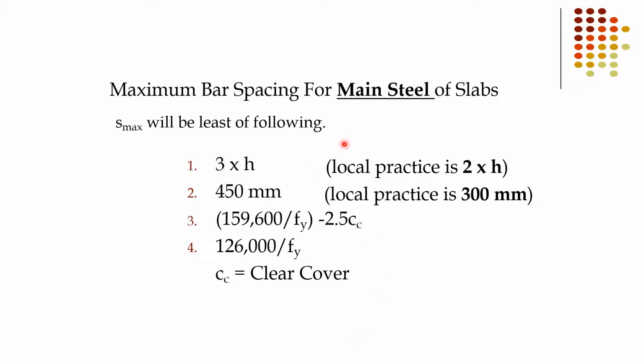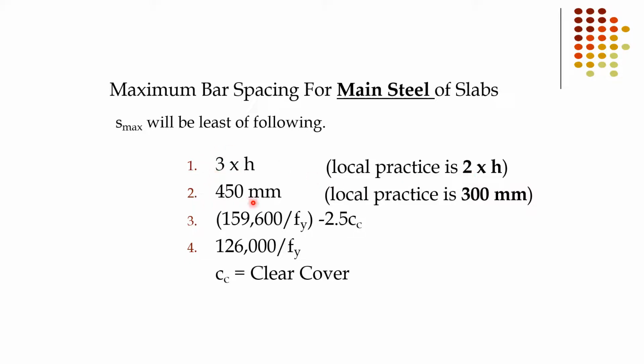Maximum bar spacing for main steel of slab. This is the maximum spacing criteria of steel bars. S max, the maximum spacing, will be the least of the following. First, 3 times the depth of slab, but the local criteria and this author recommend 2H, while the code recommends 3H.